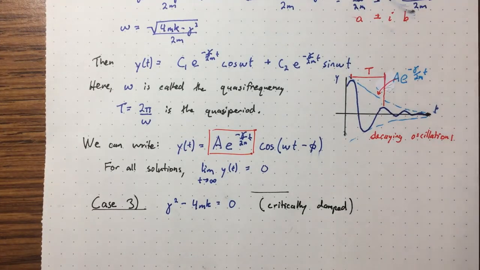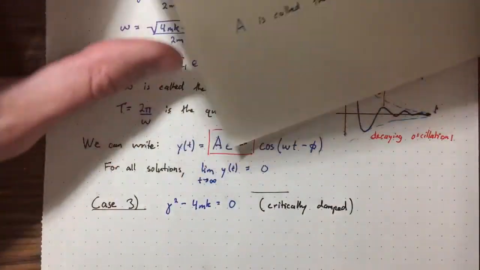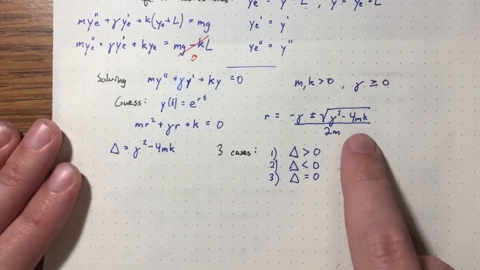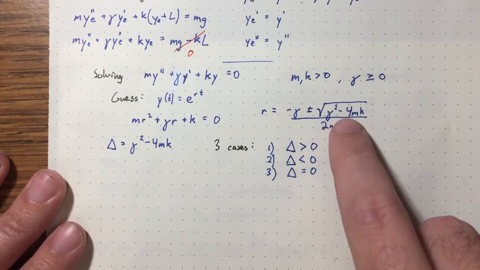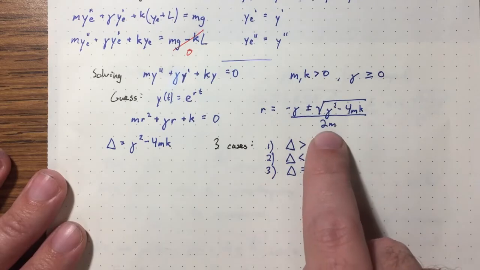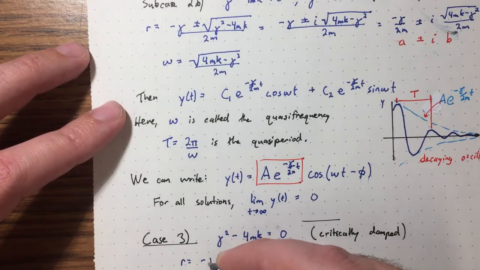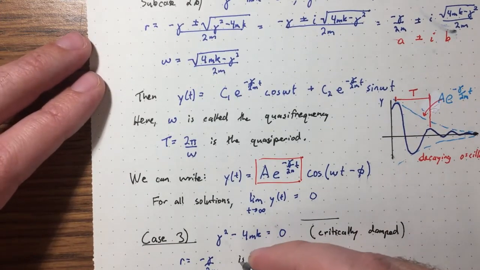Well, what's going on? So we have our roots of the characteristic polynomial. I've already written it out so much, I'll just pull this one down. So here are our roots. If gamma squared minus 4mk is 0, we only have one root, and it's a double root. That root is negative gamma over 2m. This is a double root.